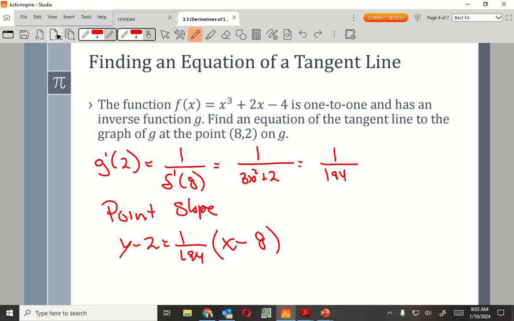So what they did is they gave us this, which I read as 8,2 being the point for this. But the problem is this is the point from G. So G is the inverse.